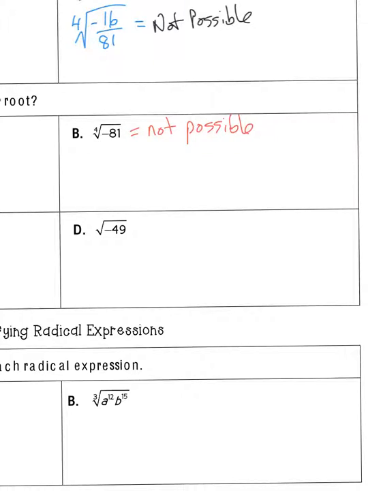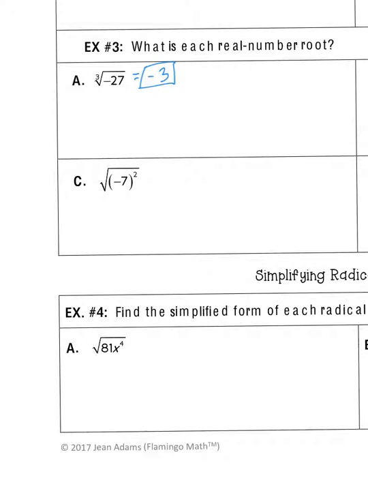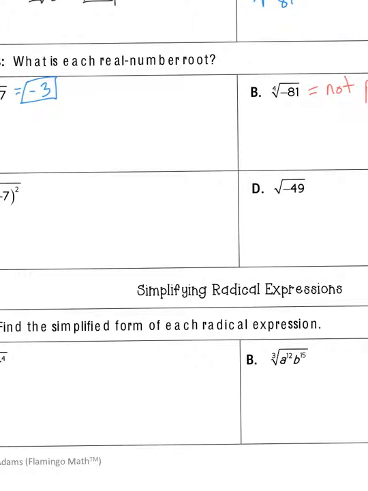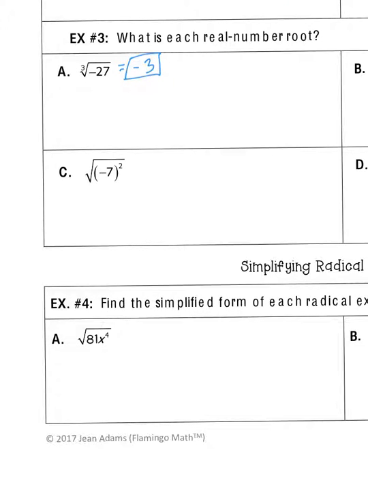All right, you ready to blow your mind? Here we go. So we have C here, which is the square root of negative 7 in parentheses squared, versus D, the square root of negative 49. Okay. Let's look at C the long way. So C technically, and you could argue this 2 ways.